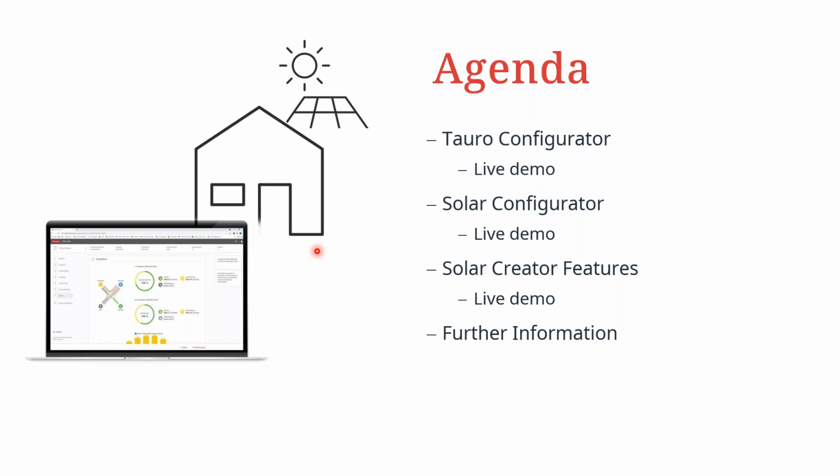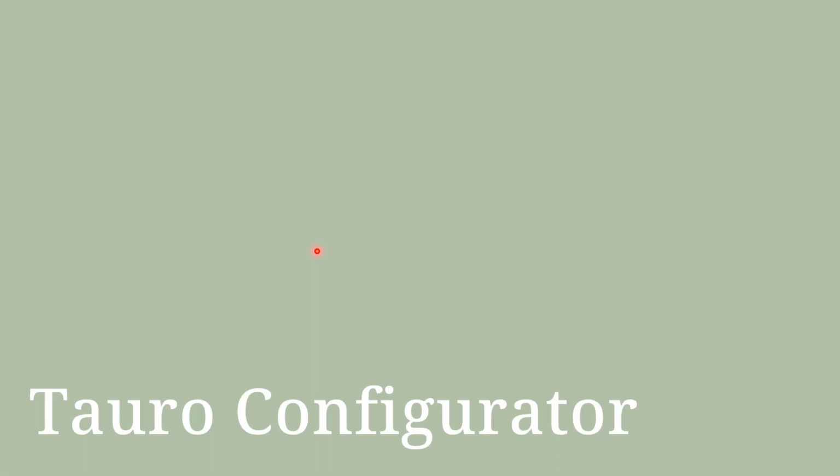We will also look at the solar.configurator and how to access it as well. And then later on, Cyprian is going to do a much more detailed presentation with the Fronius solar.creator and do a live demo as well. So without much ado, let's get started and look at the Fronius Tauro.configurator.